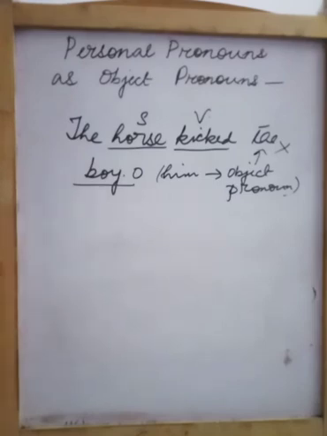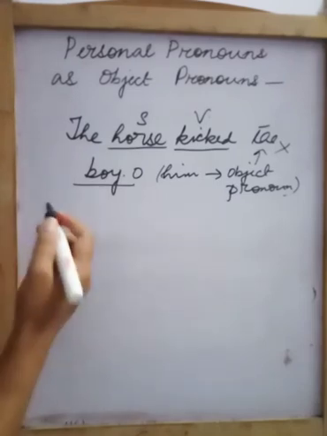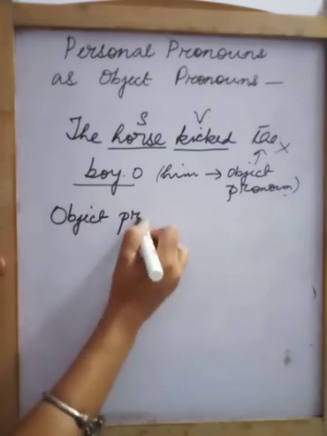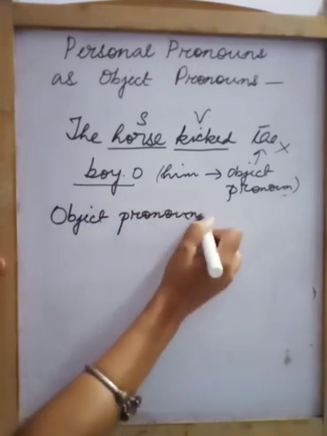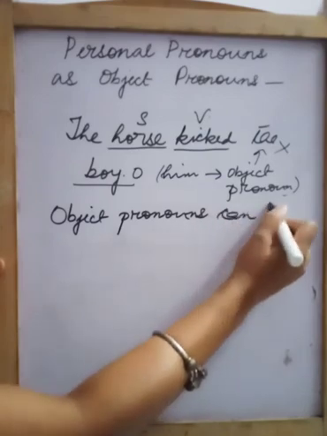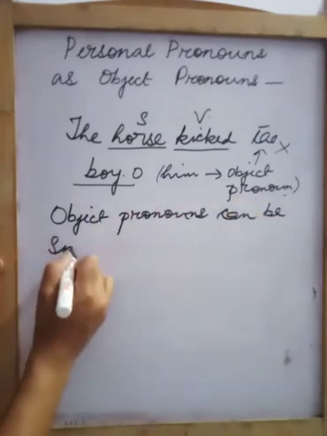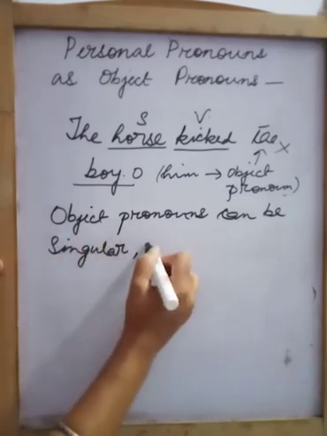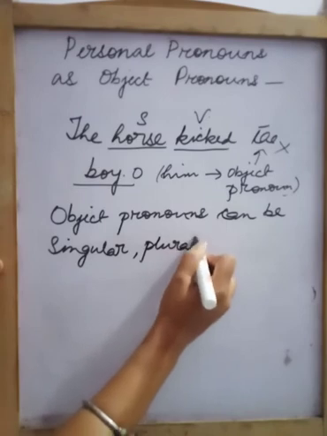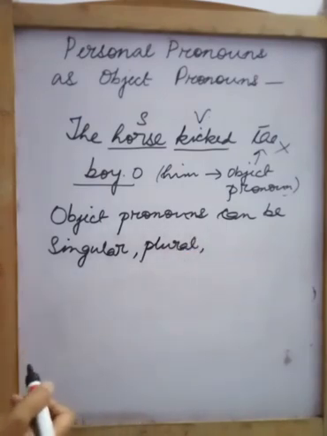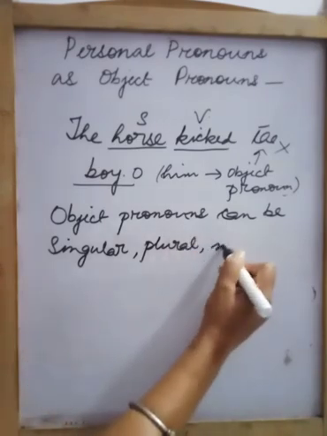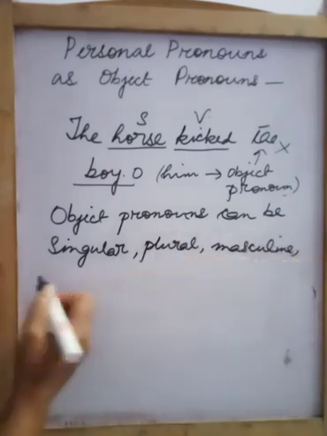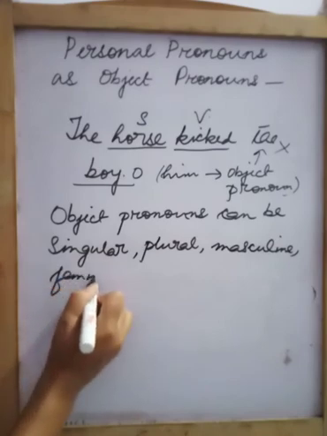Fine. So one more thing, very important. Object pronouns can be singular. It can be plural. Then on the basis of gender, remember we had done noun gender, it can be masculine, it can be feminine.